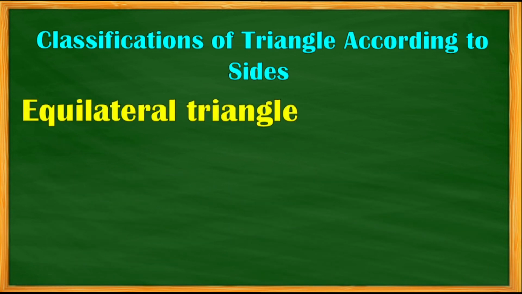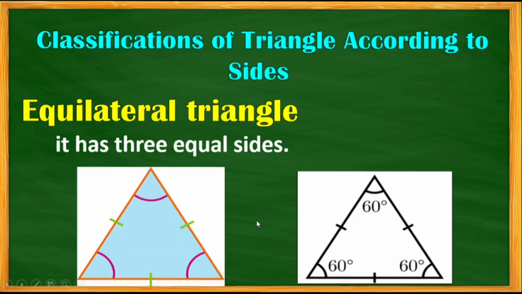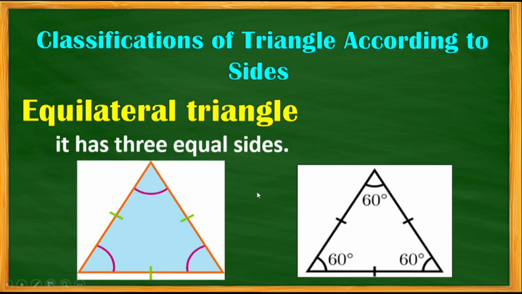Next one is an equilateral triangle. When we say equilateral triangle, it has three equal sides. So all sides of the triangle are equal. This one is equal to this one is equal to this one.